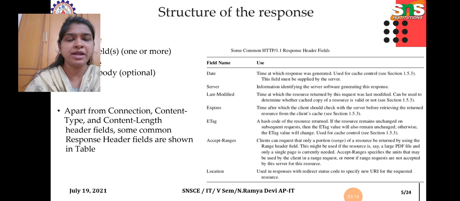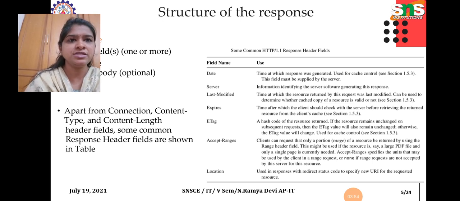This field must be supplied by the server, and then the server information identifying the server software generating the response, and last modified gives the time at which the resource returned by this request was last modified, which can be used to determine whether a cached copy of a resource is valid or not, and expires, the time after which the client should check with the server before retrieving the returned resource from the client's cache, and e tag, a hash code of the resource returned. If the resource remains unchanged on subsequent requests, then the e tag value will also remain unchanged, otherwise the e tag value will change, used for cache control.